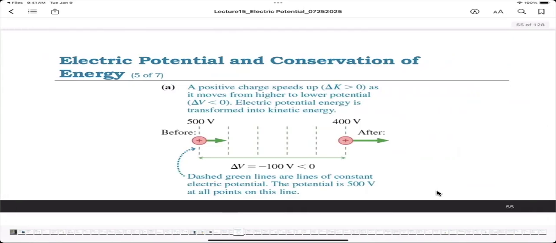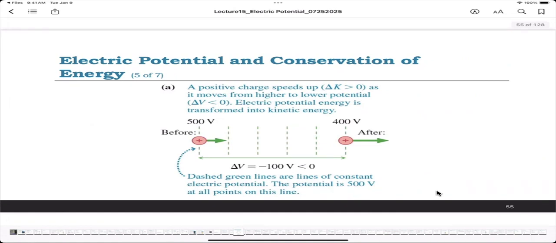You can see here a positive charge speeds up, delta K greater than 0, as it moves from higher to lower potential. Delta V smaller than 0, electric potential energy is transferred into kinetic energy. That makes sense to you? These dashed green lines are lines of constant electric potential.